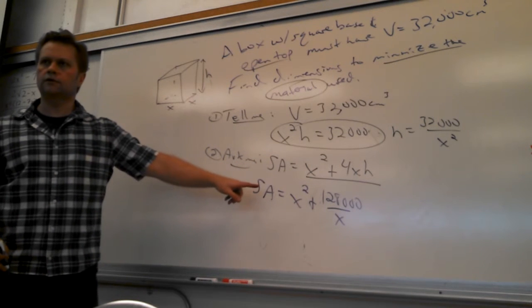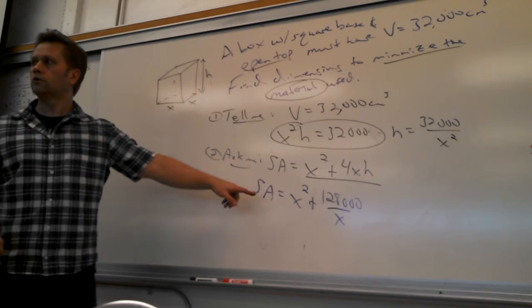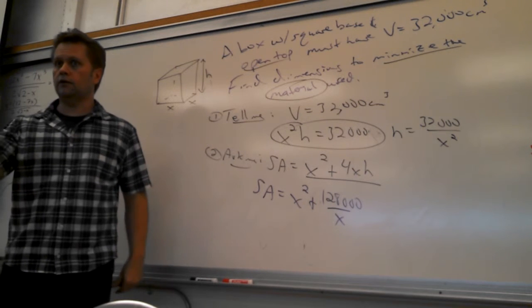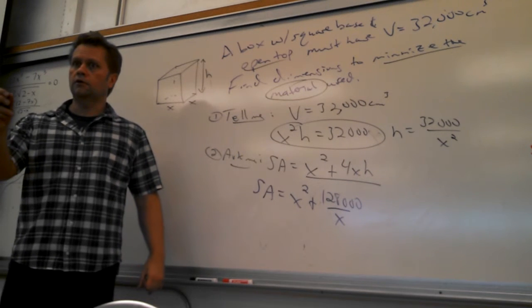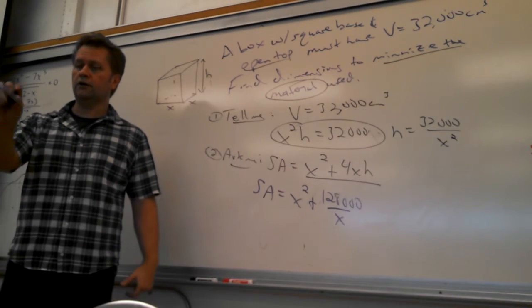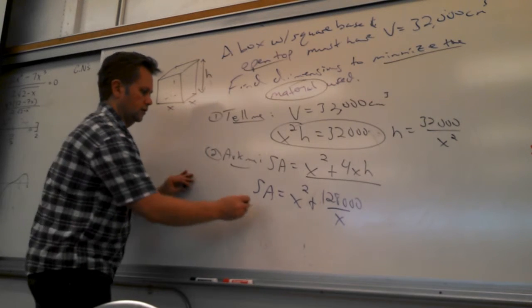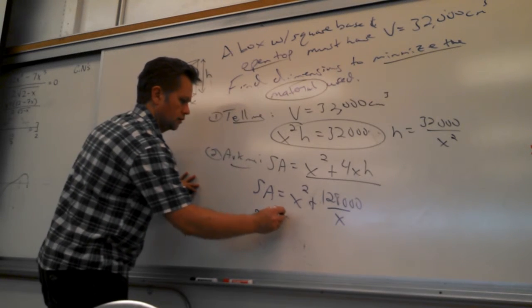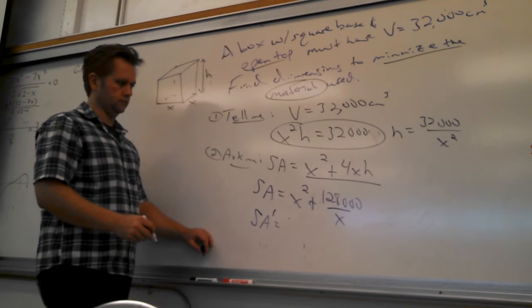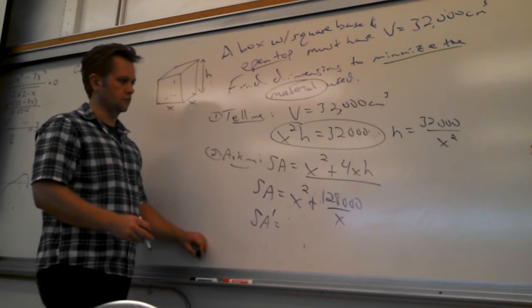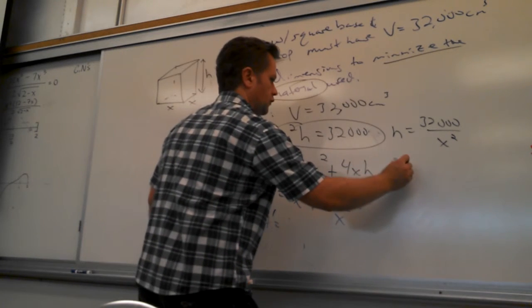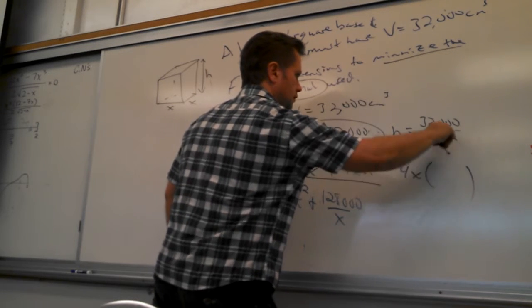And then what do I do with this? To find the minimum, you have to take the derivative, so you can find the critical number. See the 4x? The x is killed. So right here is 4x times this.